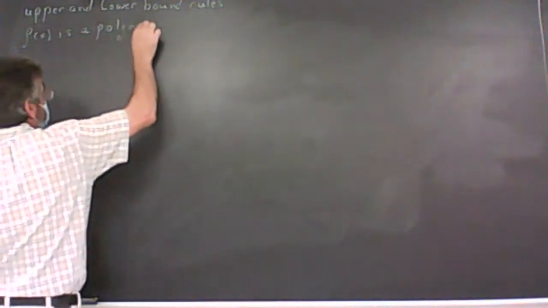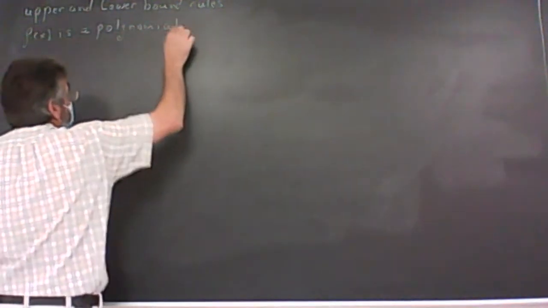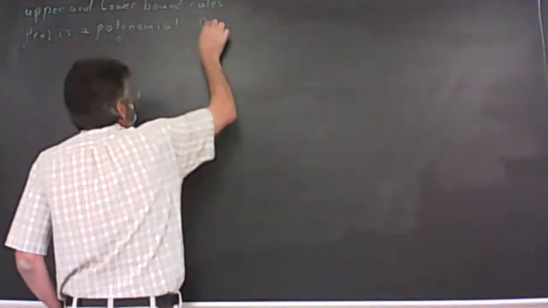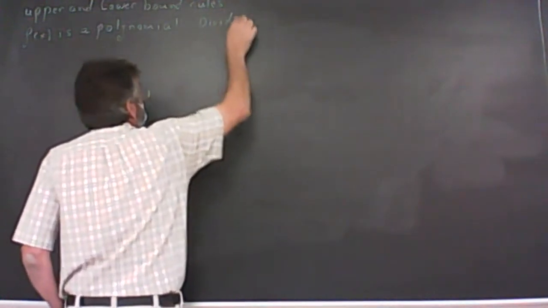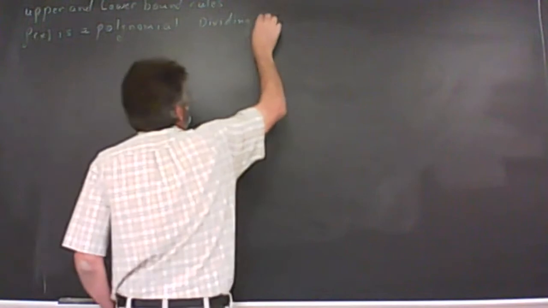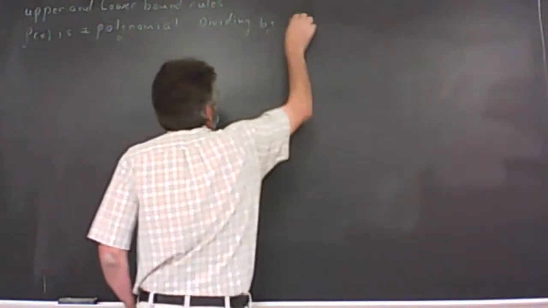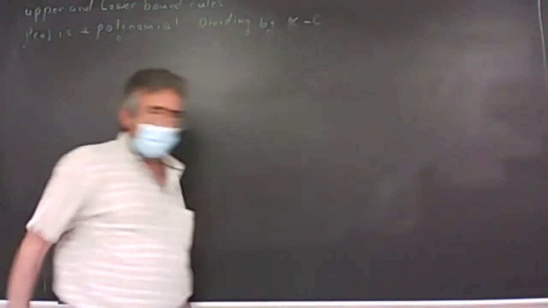We have f of x, a polynomial, and we're dividing that synthetically by x minus c.